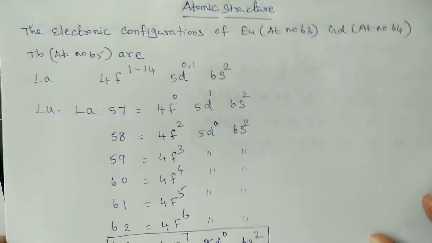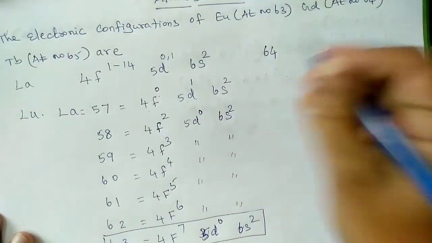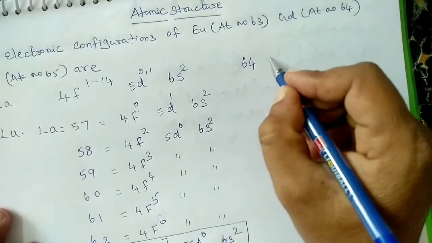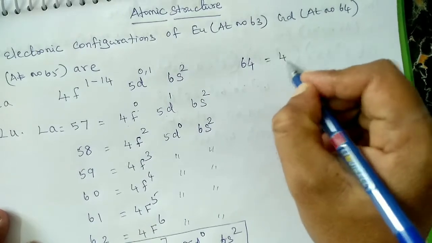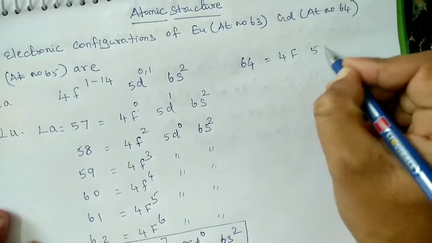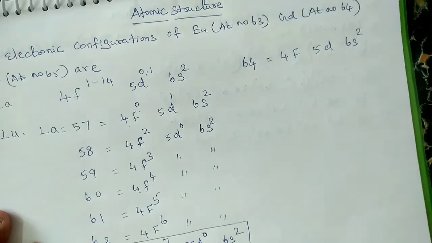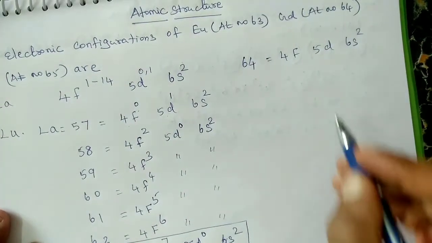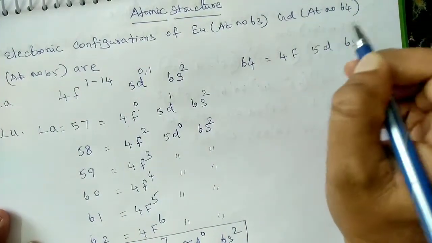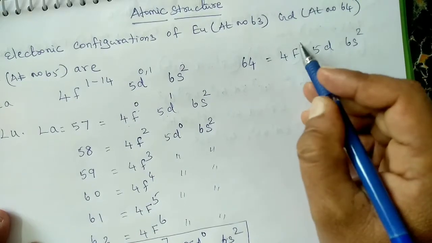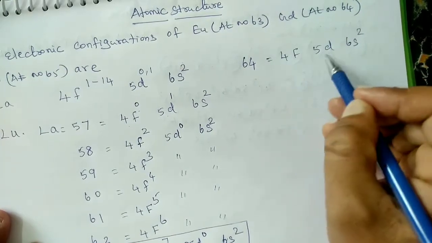Okay, next one is atomic number 64. For atomic number 64, that is 4f 5d 6s2. For 4f, that is a total of 8 electrons in 4f, but actually it is practically 4f8 5d0.